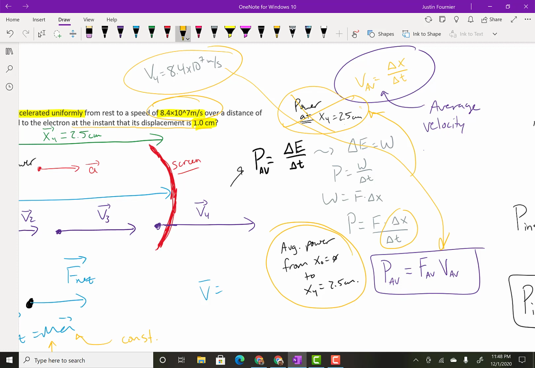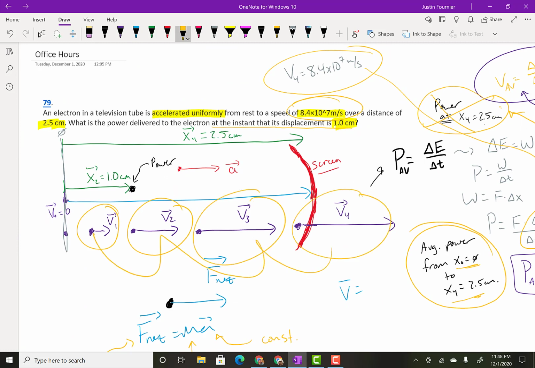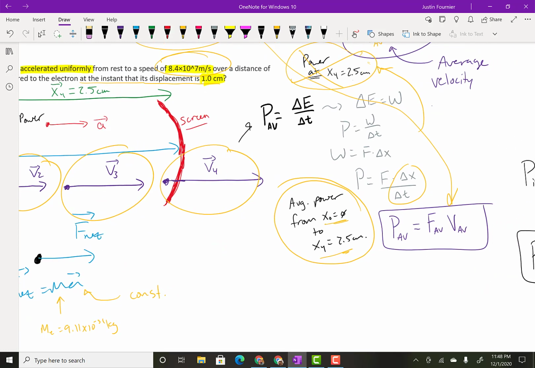So if I want the average power from 0 to 2.5, then I need to find the average velocity, right? Here's velocity 1, 2, 3, 4. I need to find the velocity in between here. And they told me the acceleration is constant.